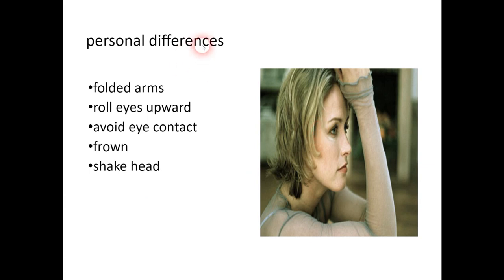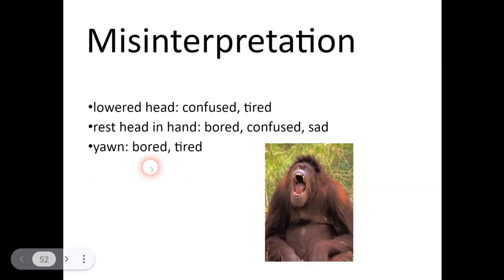Personal differences: folded arms, rolling eyes upward, avoiding eye contact, frowning and shaking the hands. It can be a personal difference. Misinterpretation can happen. Yawn, the bow, the tie.